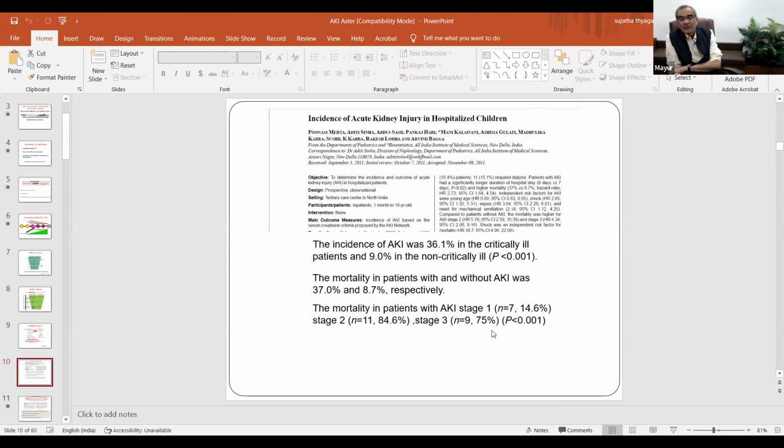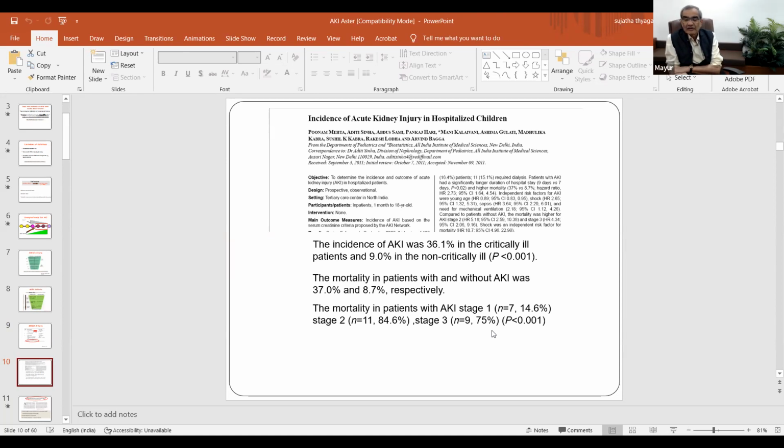So how common is acute kidney injury in hospitalized children? This is one of the articles in Indian Pediatrics, Indian data. The incidence of AKI was almost 36% in the critically ill patients. By critically ill, I mean those who are on ventilator, inotropes, high dose, and maybe with multi-organ failure.